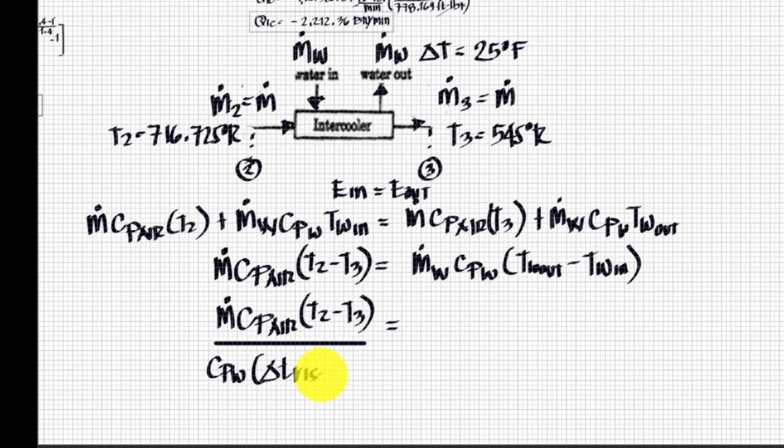So I can say that this is equal to the change in temperature, T rise. Okay, just only two. Then this is equal now to the mass flow rate of my water.